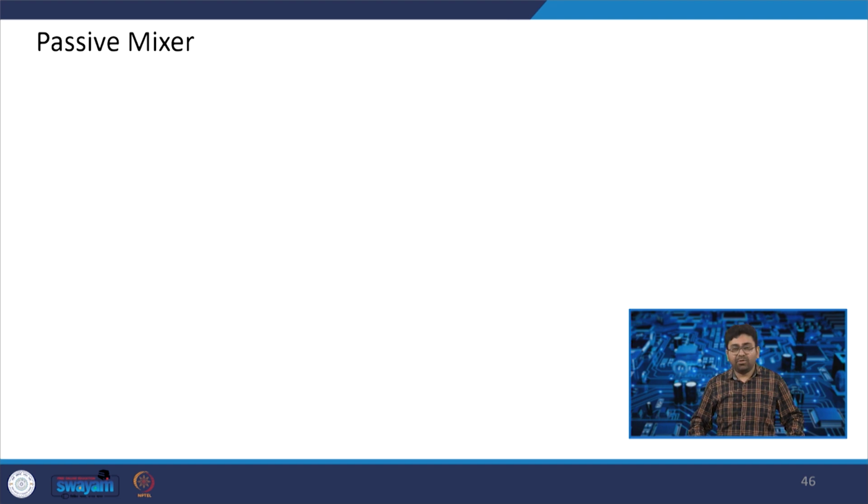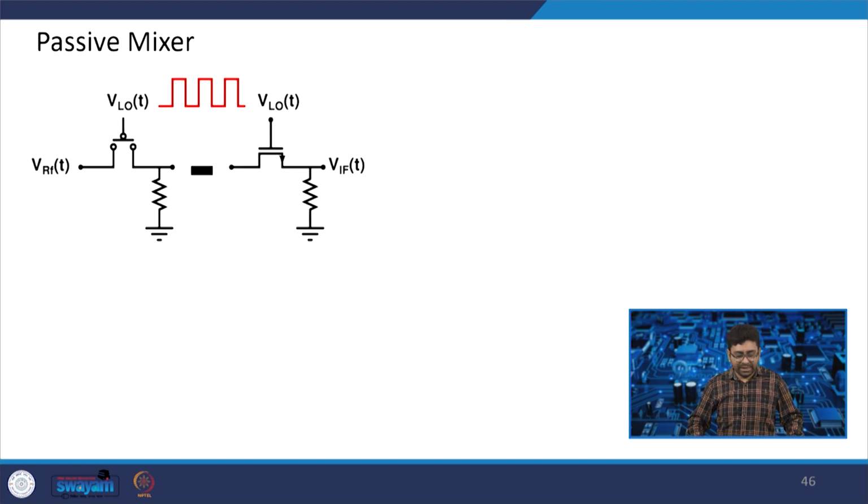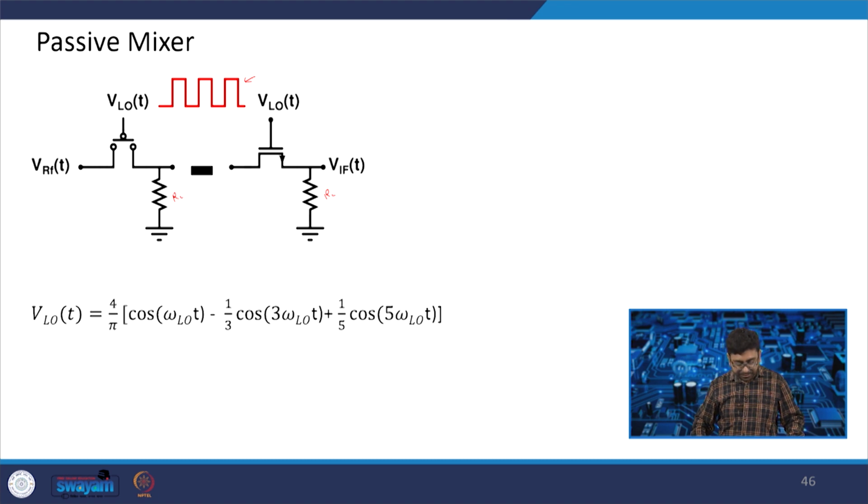We have already done the analysis where there is a switch with a square wave input and a load resistance RL. This is VLO, the LO voltage, which is the Fourier expansion of the square wave.